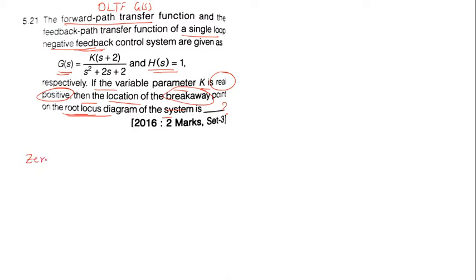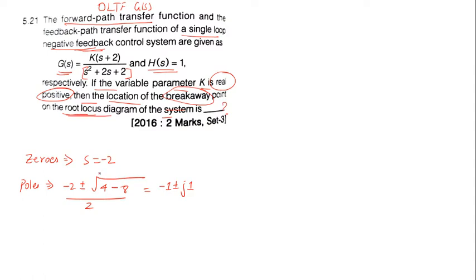Coming to the zeros, which are the numerator, s equal to -2 is one zero. And coming to the poles, I can use the formula minus b plus or minus root of b square minus 4ac, divided by 2a, for the denominator. So here you get -2 plus or minus root of -4, divided by 2.